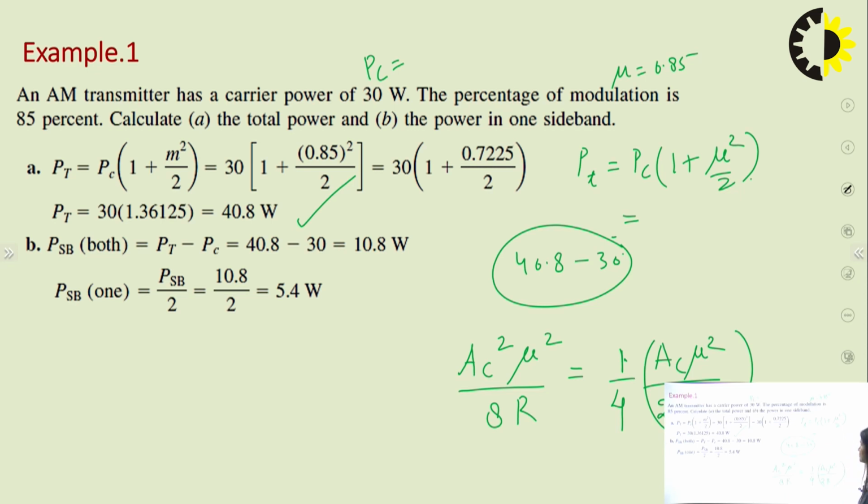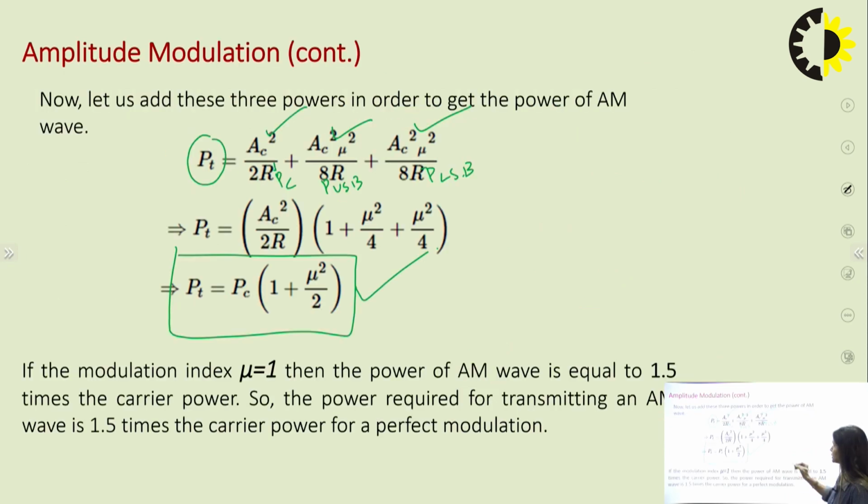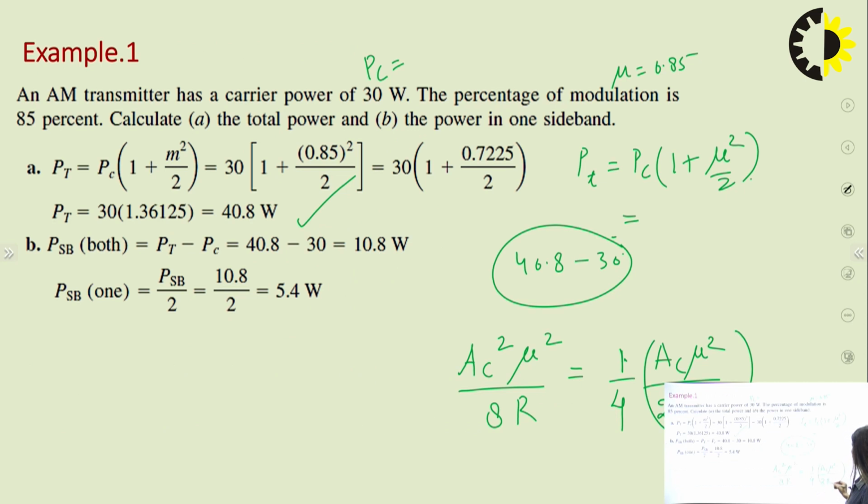Okay. So Ac square upon 2R is your PC. So you can calculate it as mu square by 4 into PC. You write this and you will get the same answer. Okay. So in both ways you can solve the numerical.